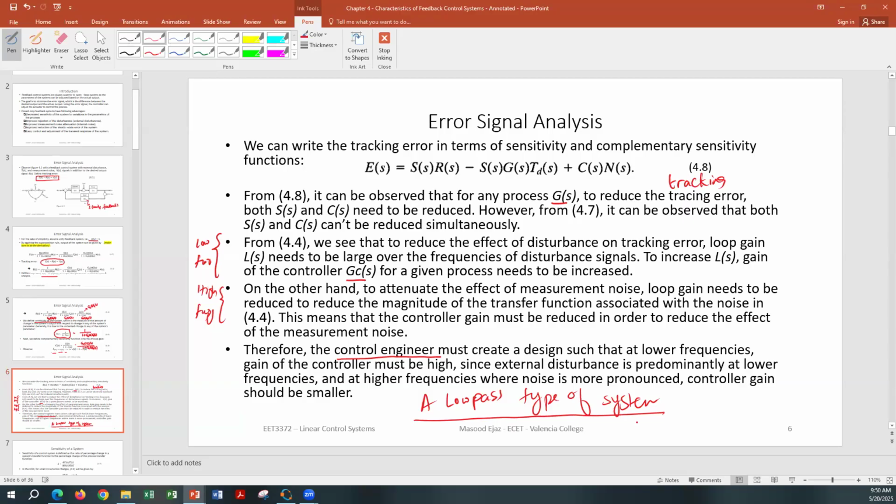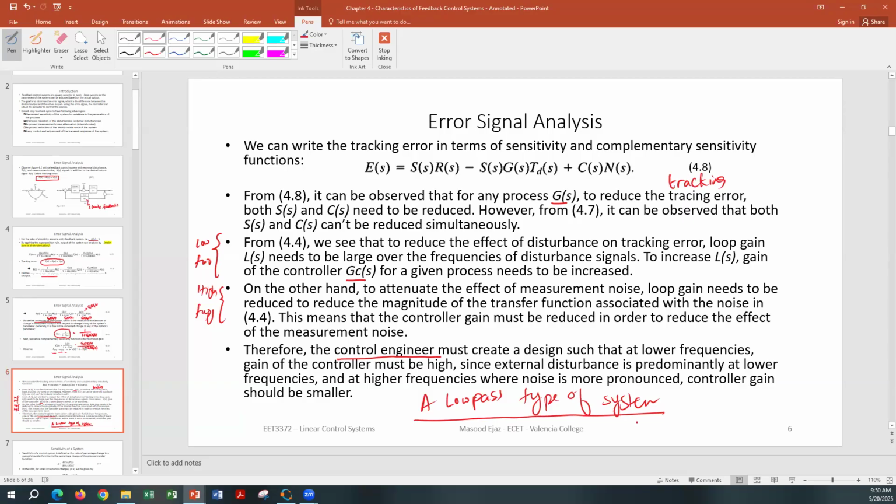So when you are creating GC(s), the controller gain, and you're creating the expression, you know, s squared plus this over s cubed plus whatever, that expression, when you analyze it in terms of frequency, should show you low pass filter characteristics.